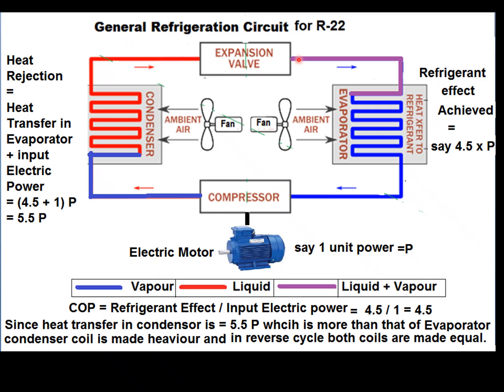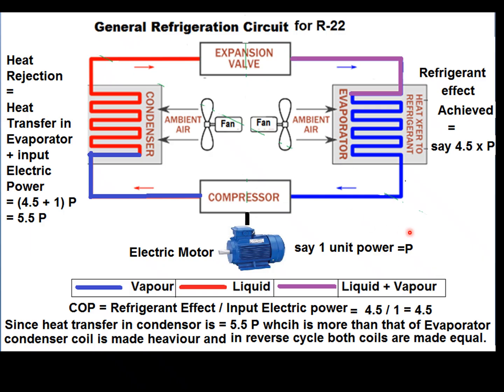This particular diagram is for a window type air conditioner using a particular refrigerant, R22. I'll explain a little later, but let us understand how these components work together and what is the implication.